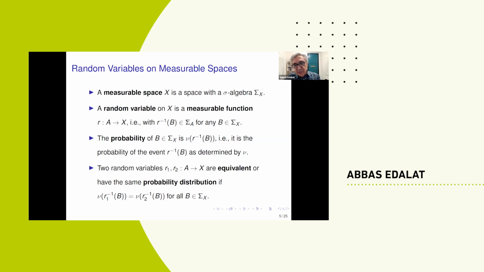It's very simple. It's a bit like a continuous map. Instead of using open sets to say that the inverse image of open sets is open, we say that the inverse image of events are events.